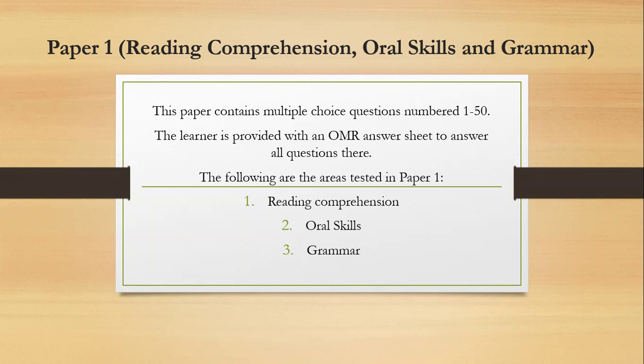Because if you look at the first question all the way to the fourth question, they are relying on skills of reading comprehension. And therefore, it's my encouragement to all the learners that they read widely and in depth. Intensive reading and extensive reading, because this paper requires a lot of reading.